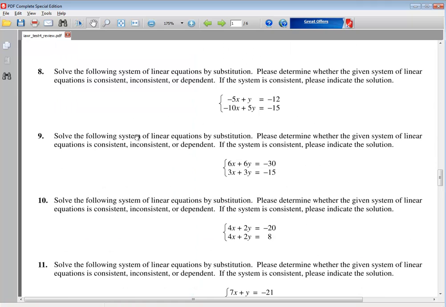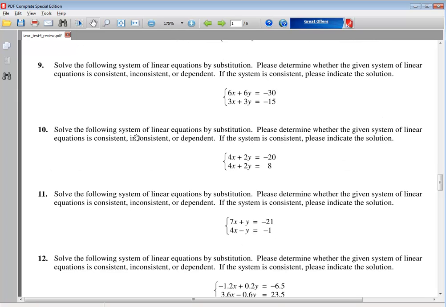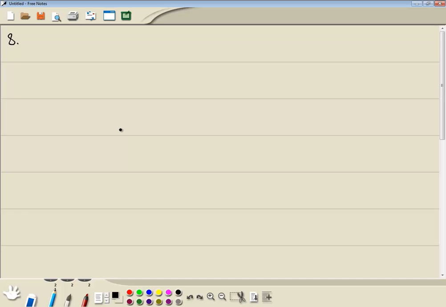I got off on my numbering, I guess. I think I've worked every problem. Oh well, if I've missed some, then you've seen other examples. But this should be number 9, I guess.